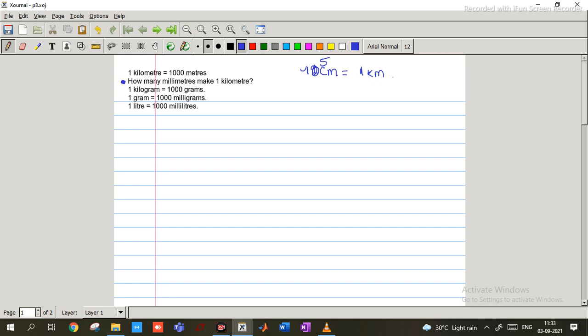Let's do this also. He's asking how many millimeters make 1 kilometer. How many millimeters make 1 kilometer? So if he's asking us that, let's write it this way. We know 1 kilometer is equal to 1000 meters, right?